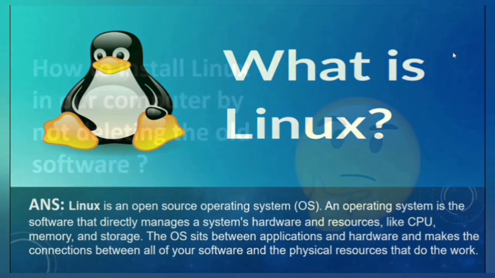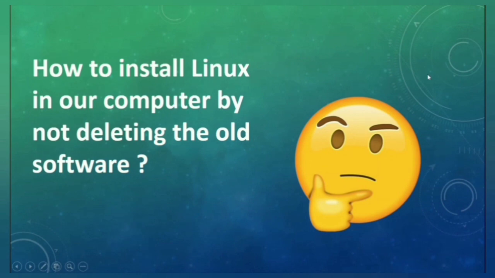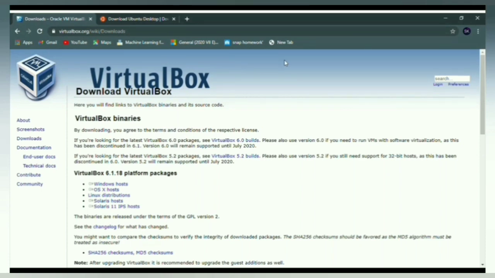Now we will come to the process of how to install Linux in our computer by not deleting the old software. So for that, step one is to install Oracle VirtualBox and Ubuntu software. When you go on the given link which I have provided in the description, you have to choose your system.